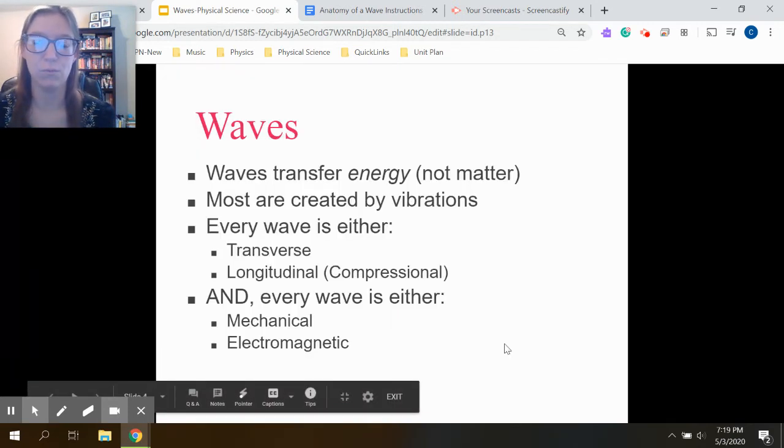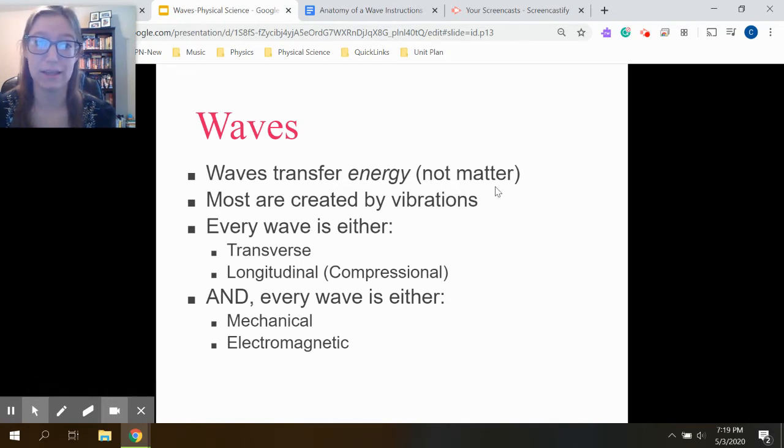So that's what a wave does. But what is a wave? A wave is a transfer of energy. Matter itself is never transferred, ever. So waves transfer energy. They don't transfer stuff. Most waves are created by some type of vibration.